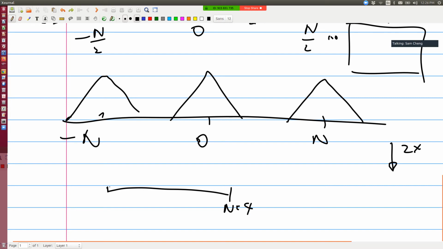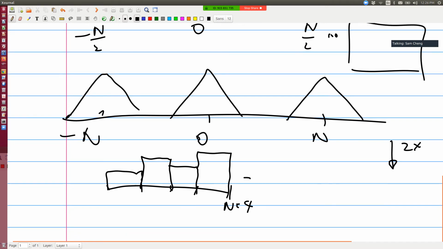Oh, this is big. Maybe I just draw like this. Okay. So I have 4 values here. Now if I upsample, I will just fill in some zeros. So then I will go to 2n.